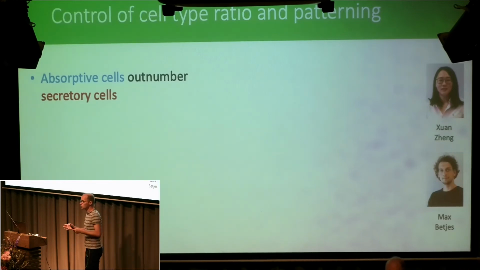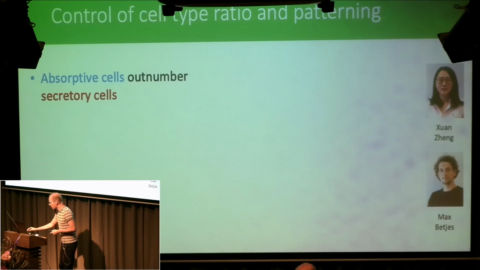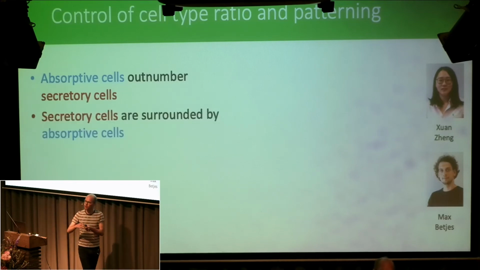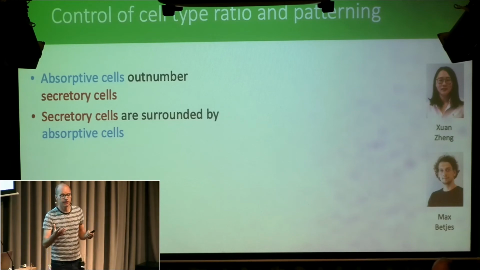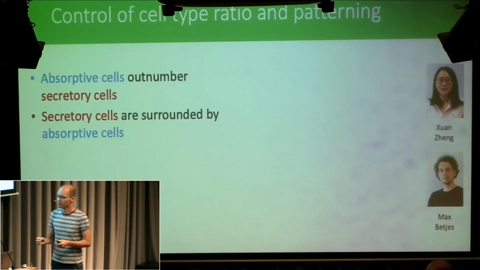This is one of the earliest choices when a cell starts to differentiate, whether it wants to become a secretory cell or an absorptive cell. And it's regulated, and what I should say is that if you look at the final patterning in the tissue, you always find these secretory cells isolated, so they're surrounded by absorptive cells.